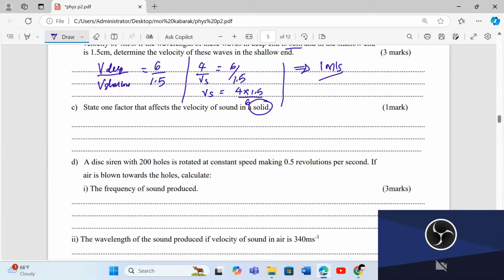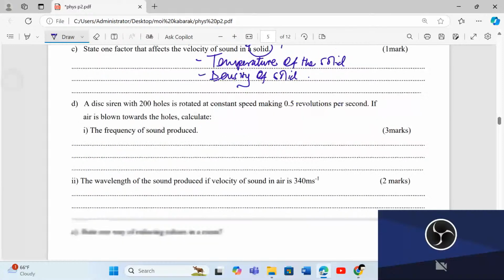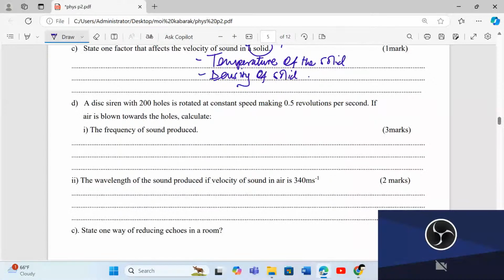Therefore, we have the temperature of the solid, and then we have the density of the solid. As you increase temperature, we expect the velocity of sound to also increase. An increase in density of the solid, we also expect the velocity of sound to increase.